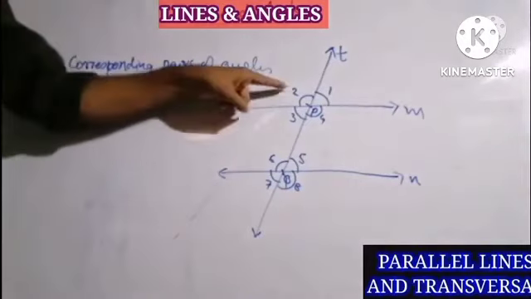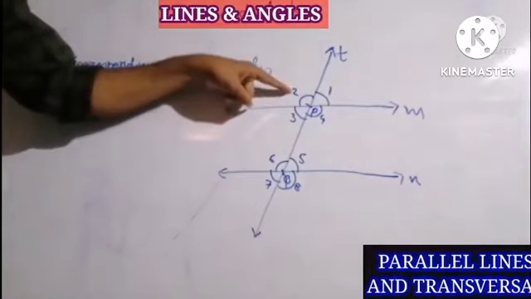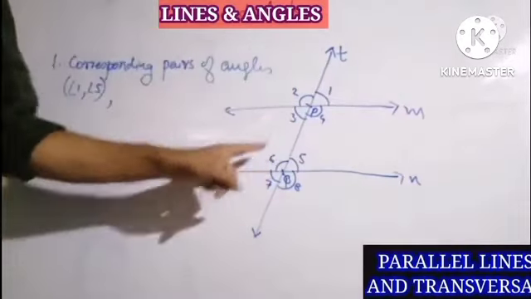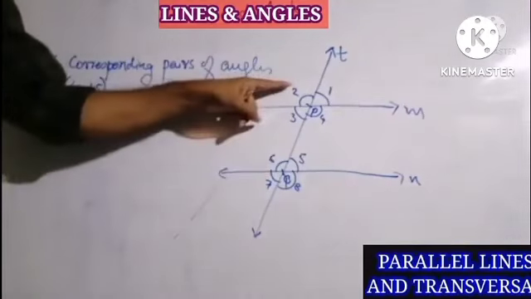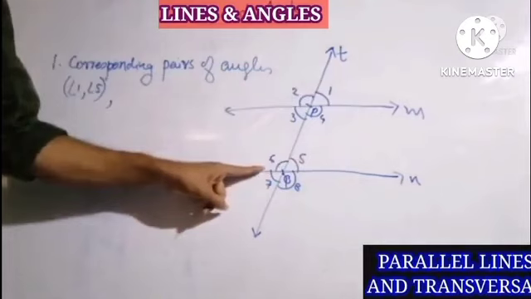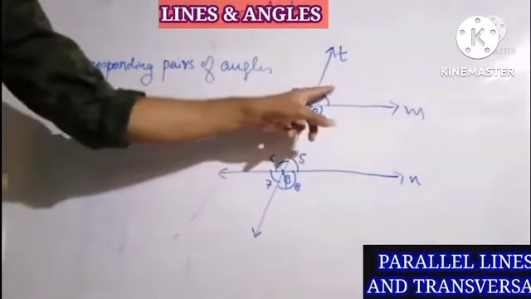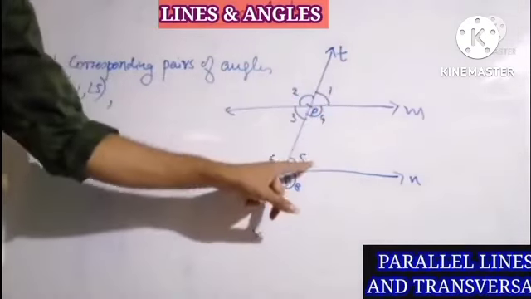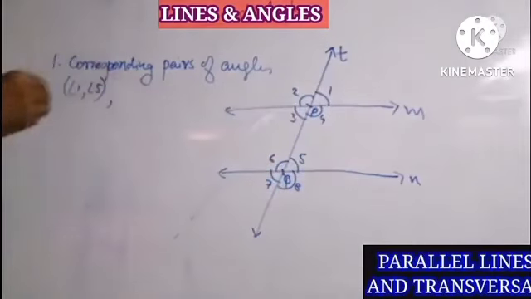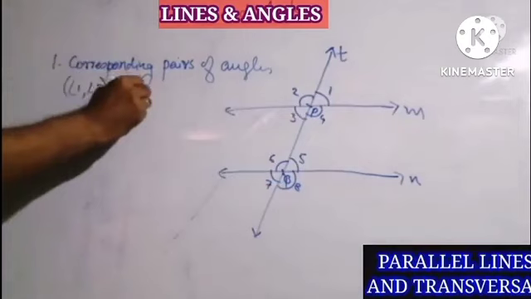Which are the next two? Take angle 2 here. Which of these corresponds to this 2? Here the second one is 6. Move anti-clockwise. Start from here 1, then 2. Start from here 5, then 6. So, angle 2 and angle 6.